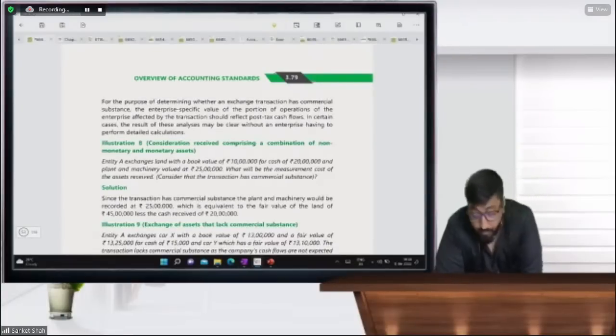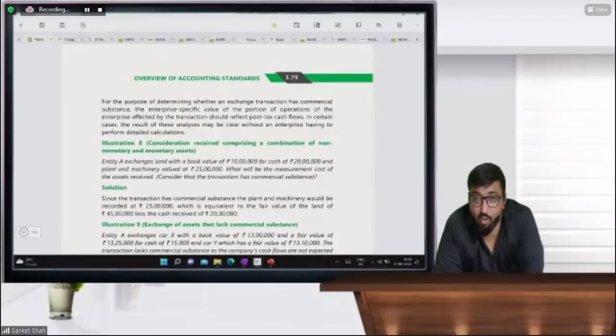Now assume what is commercial substance. I have an Activa and I replaced it with my father-in-law's Seltos four-wheeler. Obviously, there is commercial substance. This exchange of assets has commercial substance; it does not lack it.